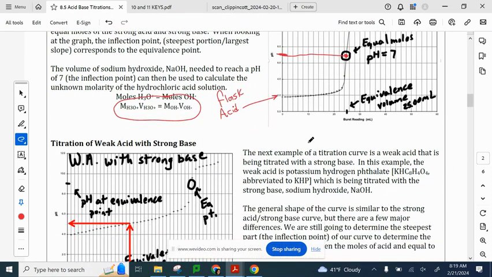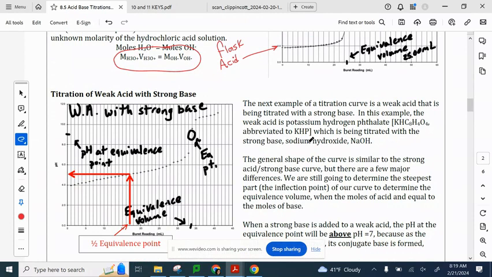All right. The next example here is going to be a weak acid. So this is what your lab is going to be like when you are doing the lab. You are trying to figure out the identity of the acid by calculating and determining the Ka value. And I'm going to show you how to do that.